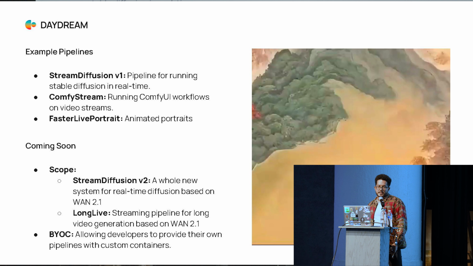So it's going to be a really streamlined workflow from the Scope research phase to actually running these models in our infrastructure. And finally, we are also working on the BYOC, which is bring your own container, making it really easy for anyone to provide a custom pipeline and run it in our service.